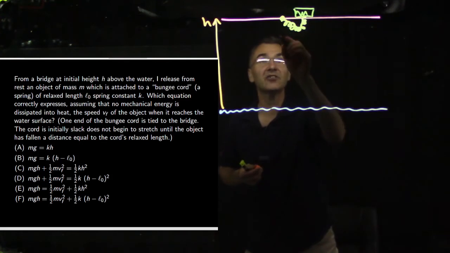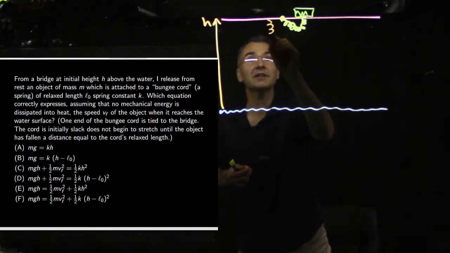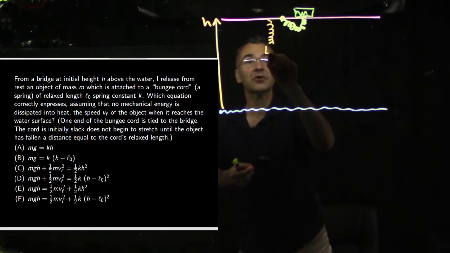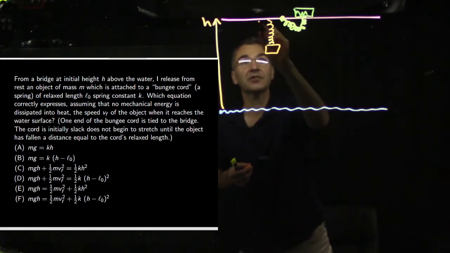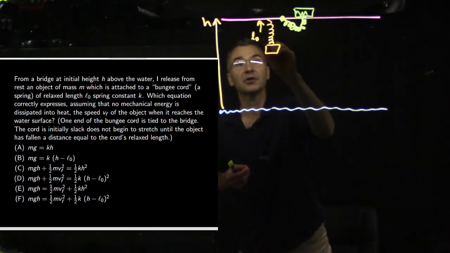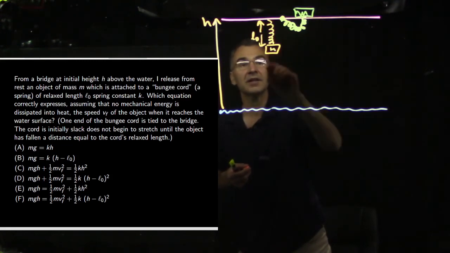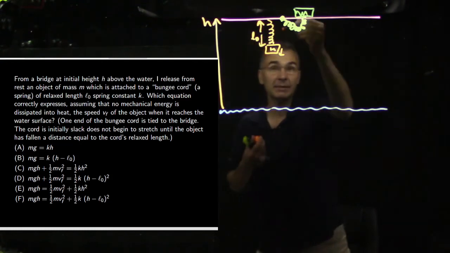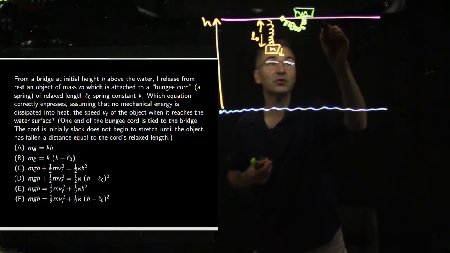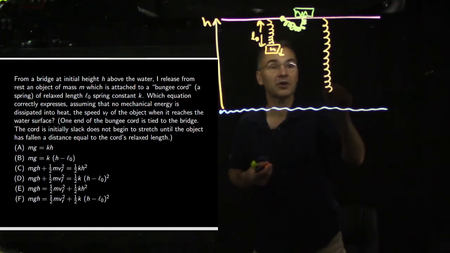And at some intermediate point, the cord stretches out, so it's at its relaxed length. So this becomes L0. And this thing is moving down in the meantime. But then it keeps going, so it's going to eventually reach the water. So here's M, and it just reaches the water.